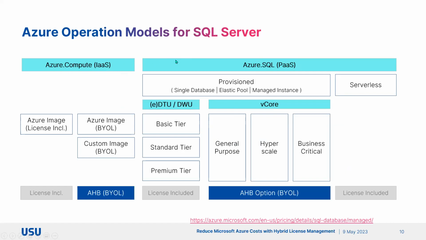The first differentiation is infrastructure as a service, so compute VMs, versus platform as a service, the database service or the SQL service of Azure. In the VM world, it depends on the image, so if you can do own licenses or not. There are images with pay-per-use or license included, and others with bring your own license. If you have your own VM image of your company, then typically it's bring your own license.